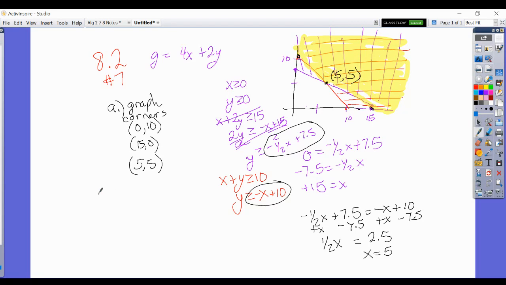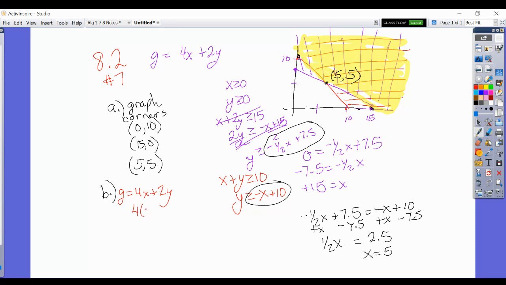For part B, I think all I need to do is plug them into that very original objective function. Part B: test the objective function at each of the corners to determine which corner gives the minimum. Give the minimum value and the x and y. So basically, I'm going to take that g equals 4x plus 2y and plug each of these points in.